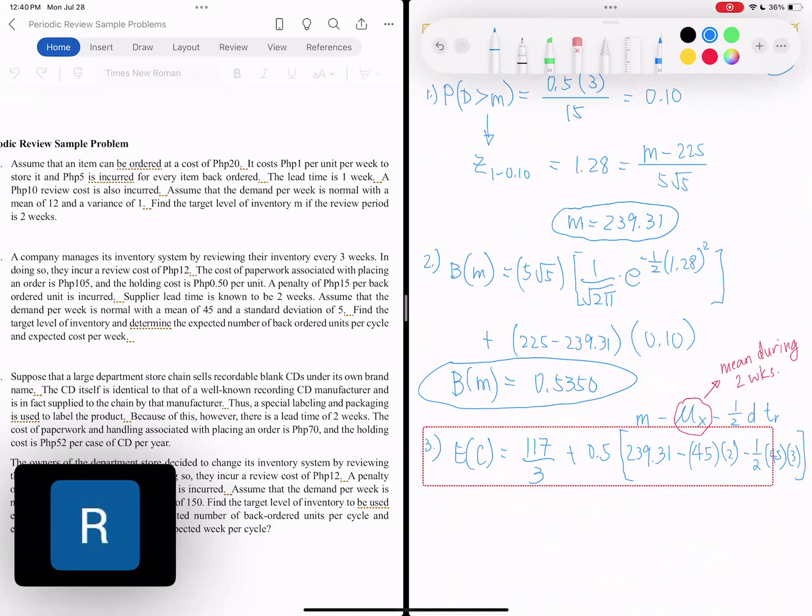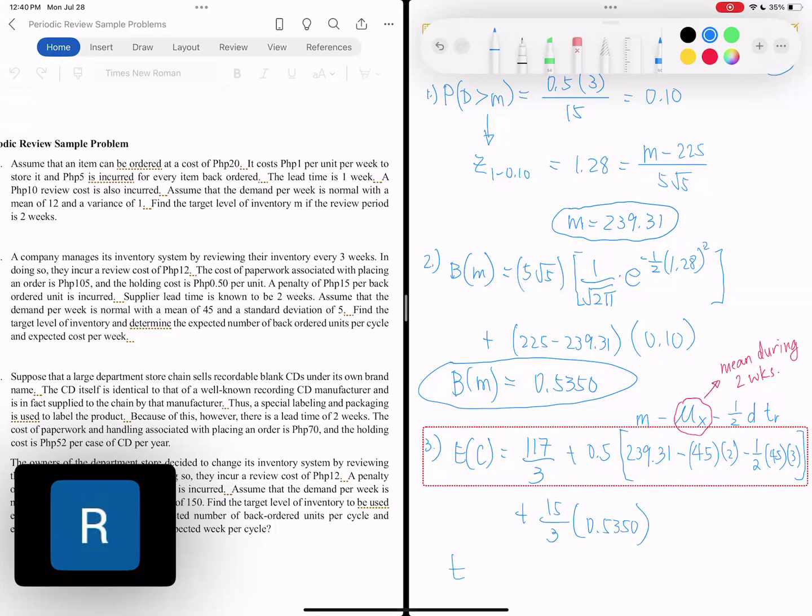And then the last one is easy. P is equal to the penalty cost, 15, divided by your TR multiplied by your BM in number 2, which is 0.5350.